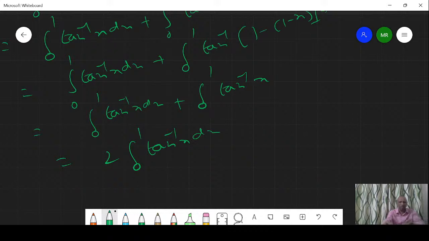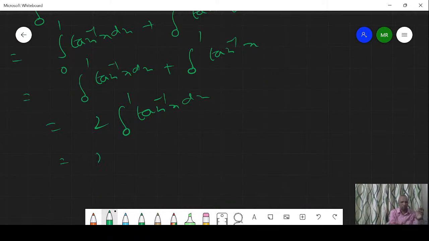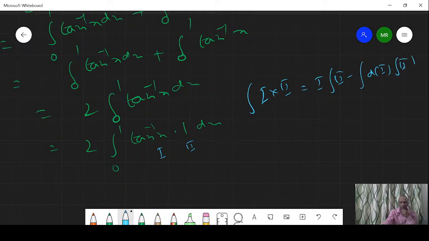So to use integration by parts, you can make it this function. You observe here 2 into integral 0 to 1 tan inverse x into 1 dx. You can consider this as the first function and this as the second function. In integration by parts, we know that first into integral of second, minus integral of derivative of first into integral of second.